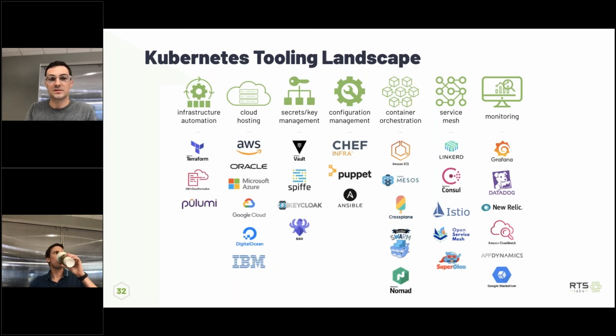So we've maybe chosen Terraform for infrastructure automation, AWS, Vault for secret and key management, Ansible, AWS EKS, Istio when we needed a service mesh, Datadog. The point being is that you could probably take one or two of these per column and put it together, and what you end up with is this solution. Wow, that's a lot, right? It's a lot of choices.